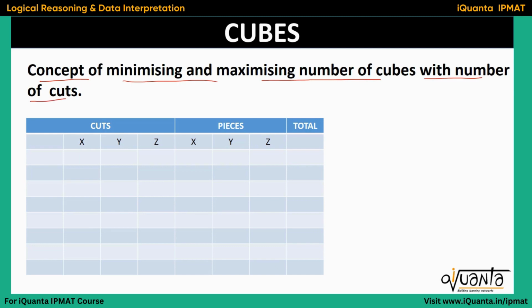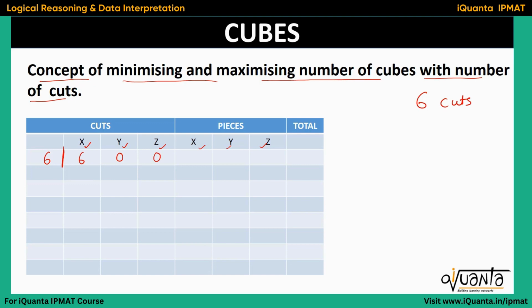Let us assume a case where we can make only 6 cuts. Since we have a cube, we'll have the x-axis, y-axis and z-axis, and the number of pieces in these axes.